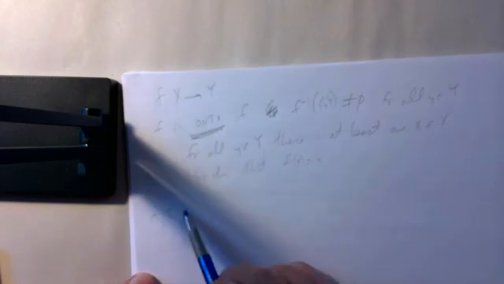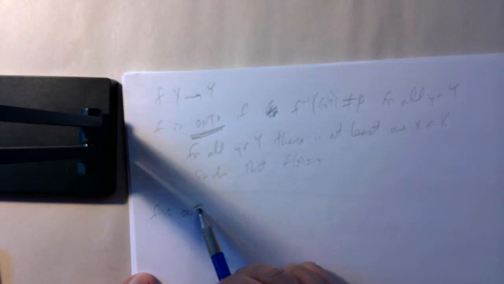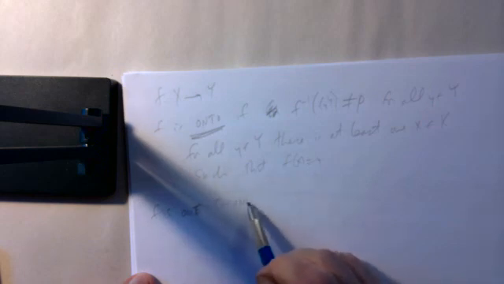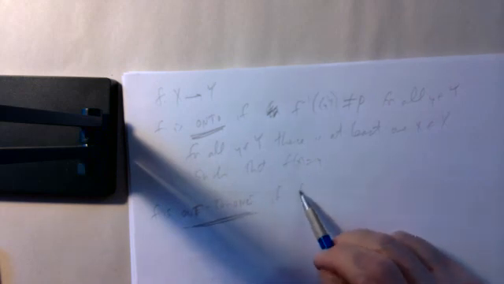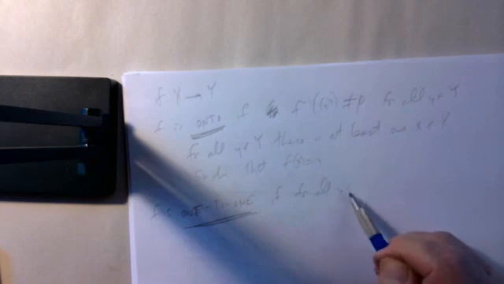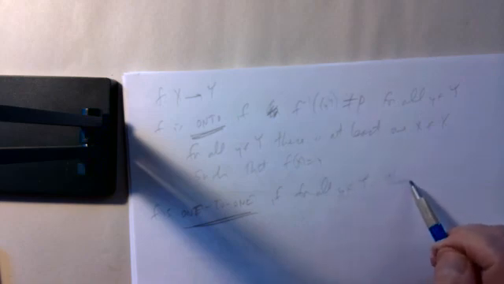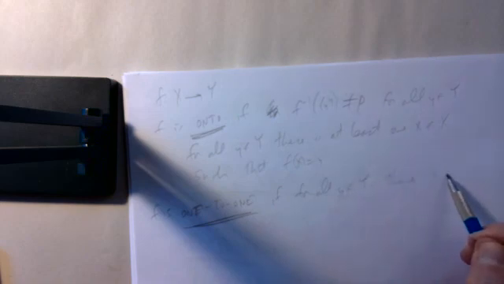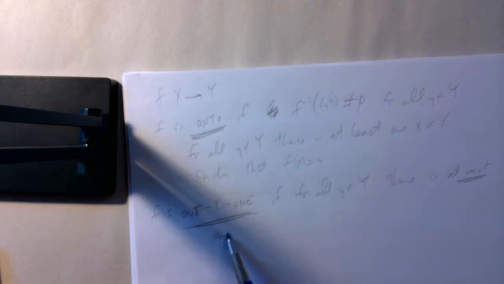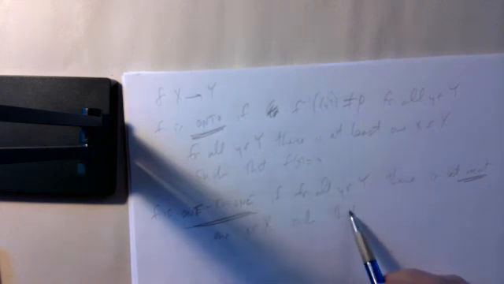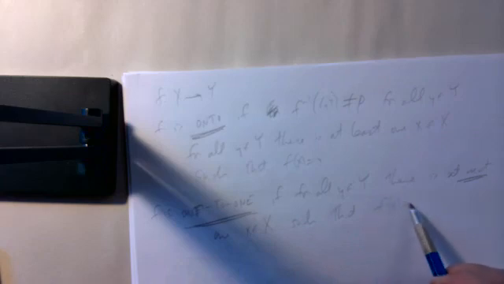And f is one-to-one if for all y in Y, there is at most one x in X such that f of x equals y.